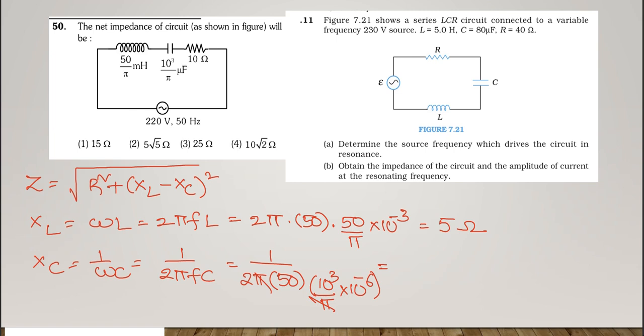If you suitably solve this, you will get this as 10 ohm. So XL minus XC will be, of course, minus 5, but Z will be square root of R square, that is 10 square plus 5 square, which is square root of 125, or that will be 5 root 5 ohm. So this will be your answer.